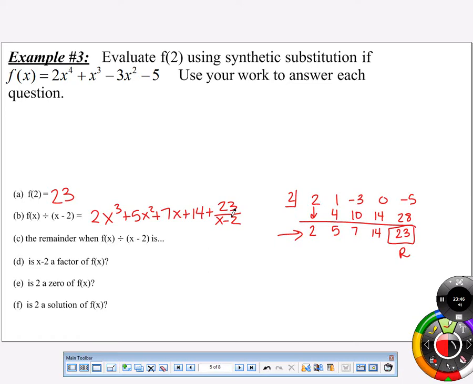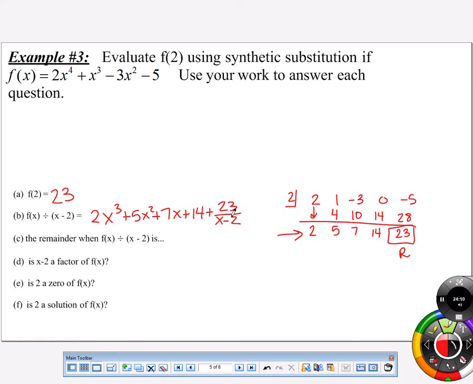If this number in here is the 0 to this, then this tells me the coefficients of the polynomial that's the answer to the division problem. So the remainder can tell me what I get when I plug this into this function. The whole line of coefficients can build for me the polynomial that's the answer when this function is divided by x minus this number. Okay?